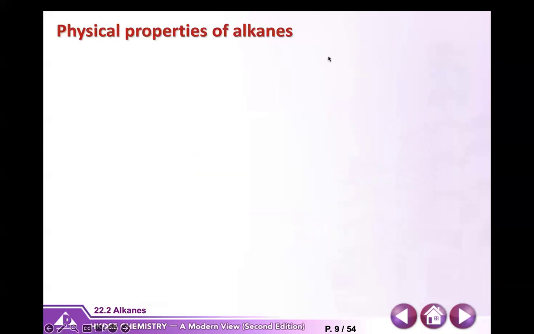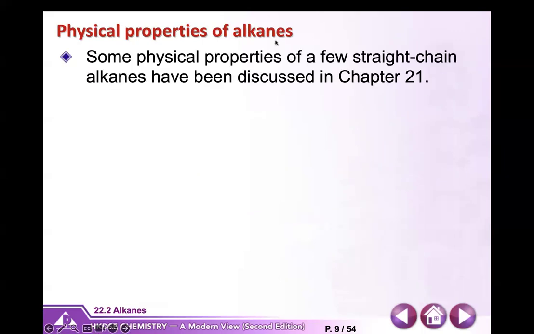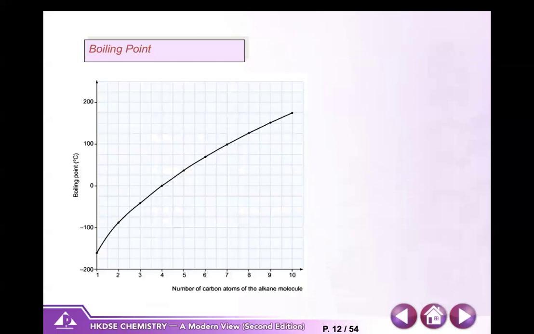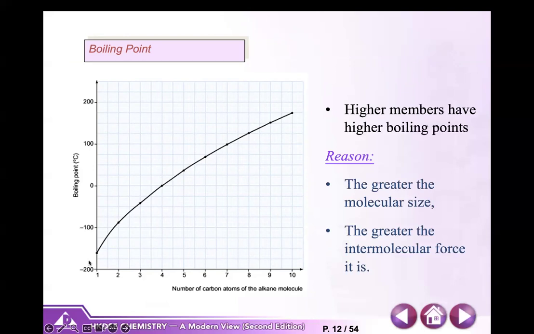So let's go into the details of the alkane properties. Some of the alkane properties we have discussed before in chapter 21, but we want to pinpoint one, that is the boiling points. We find that the higher members of the alkanes have higher boiling points as well. Starting with 1 carbon to 10 carbons, their boiling points in general are increasing.